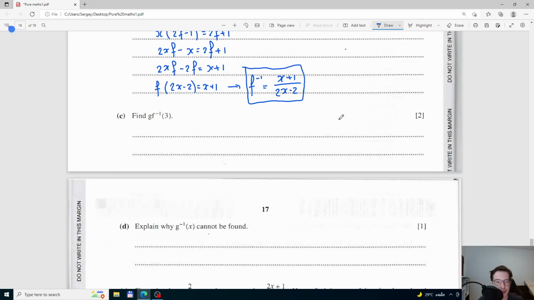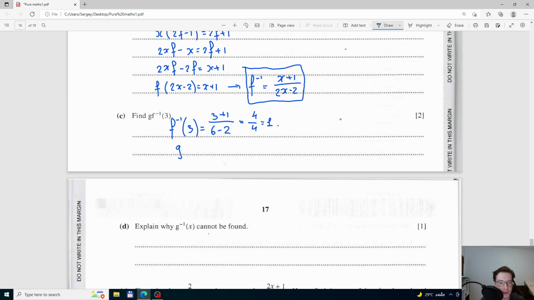Okay, next question. Find g of f inverse of 3. So that means 3 goes into the inverse and the result goes into g. So the inverse of f when x equals 3 is going to be (3 plus 1) over (6 minus 2), which is 4 over 4 or 1.